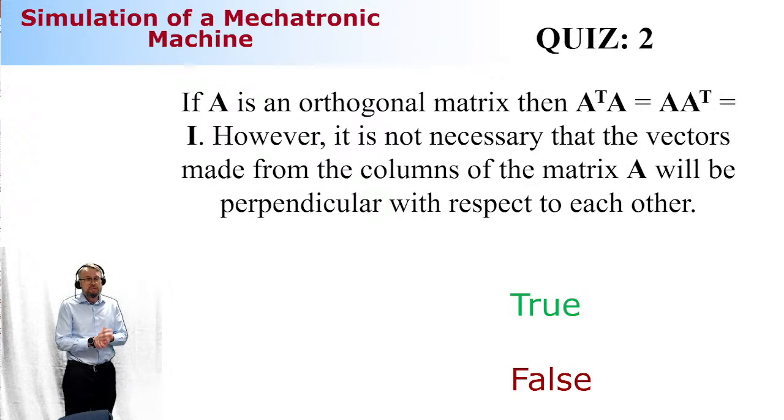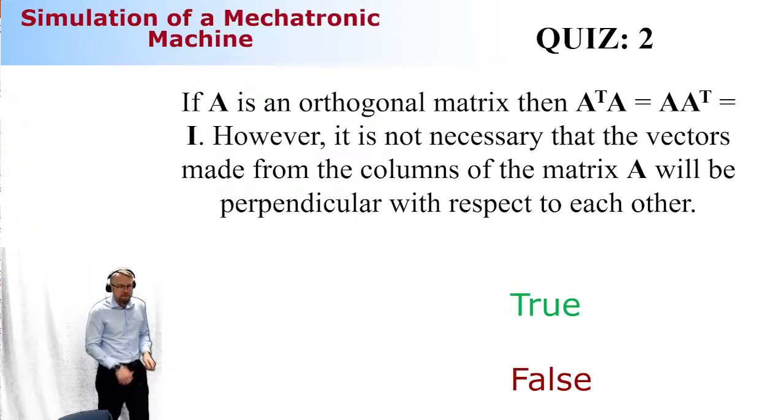However, it is not necessary that the vectors made from the columns of the matrix will be perpendicular with respect to each other. The wording is complicated, I need to admit this. So it's not necessary. True or false?